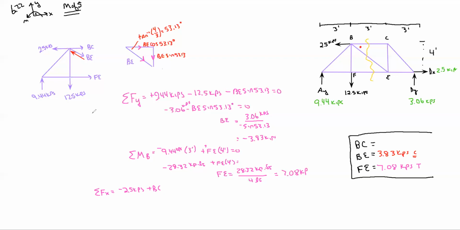Since the X component for BE will be negative now, negative 3.83 cosine 53.13 degrees. And I feel like there's one more, and there is, and that's FE, which we had at plus 7.08, equal to 0.